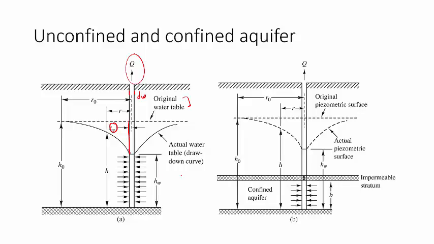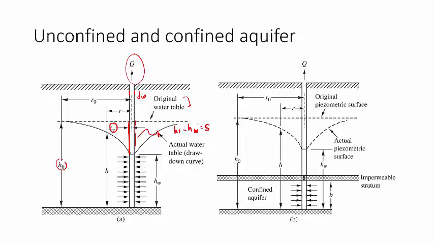And this distance here is going to be H0, which is the original level, minus H. If it's at the well, it would be HW, right? So that is the drawdown, and S is the drawdown.